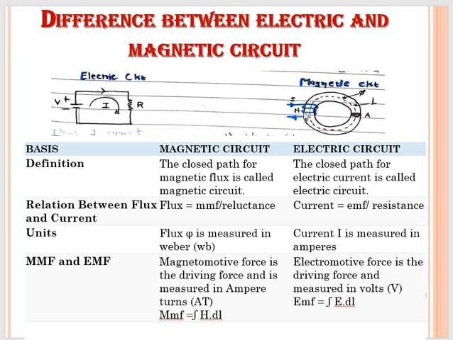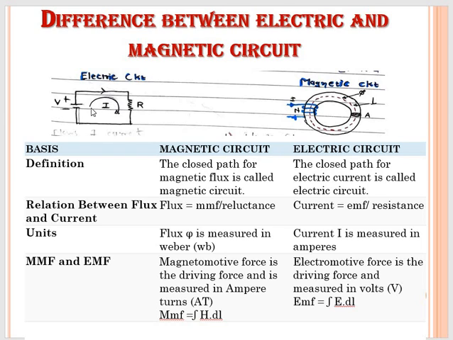Due to this winding, magnetic flux will be generated and it will flow through this core. This is the cross-section area of this particular core, and flux phi will be produced due to N number of turns and current I, that is, NI ampere turns applied to this circuit.